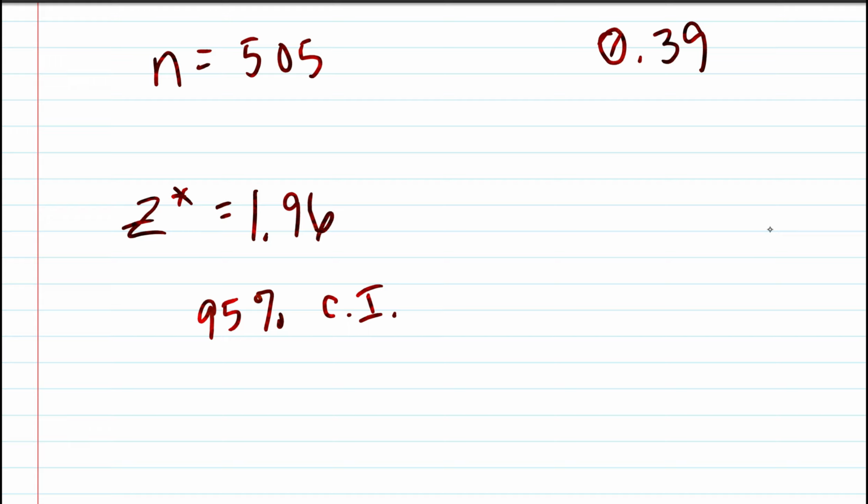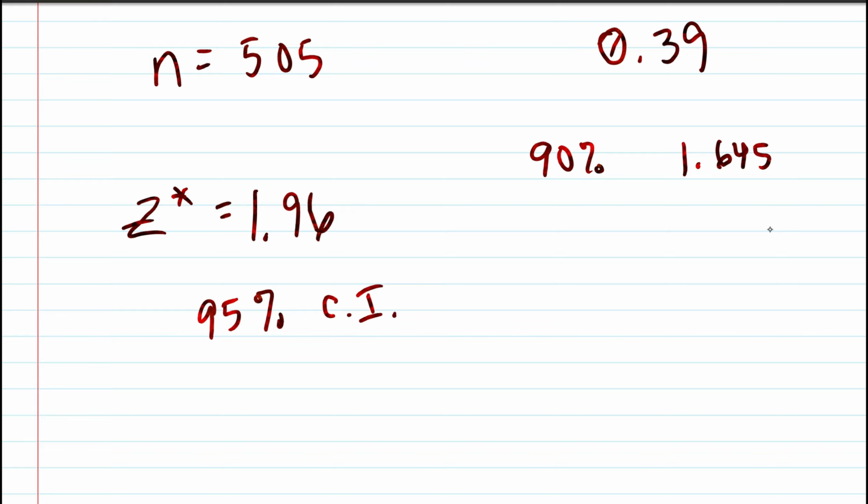What I'll do is write down all the different values. This is usually what happens in a classroom: most instructors will write down the confidence levels and give you the corresponding Z asterisk values. For 90%, that would be 1.645.